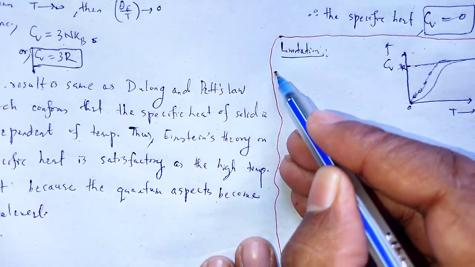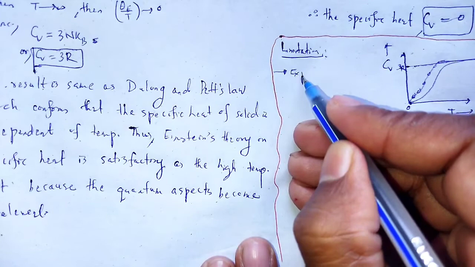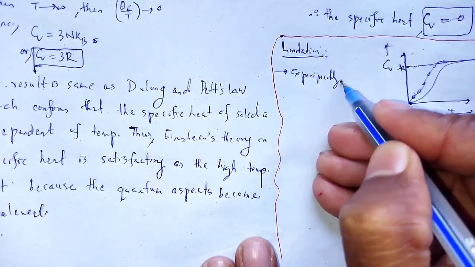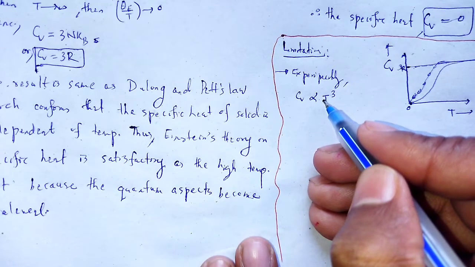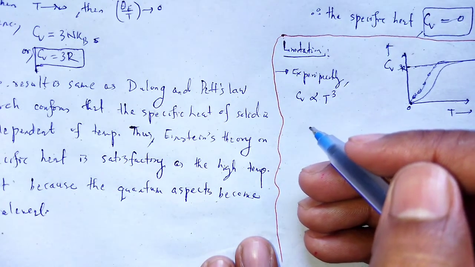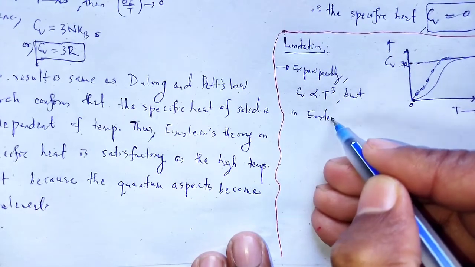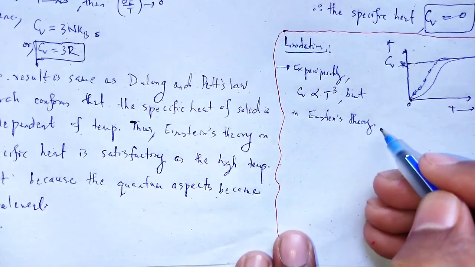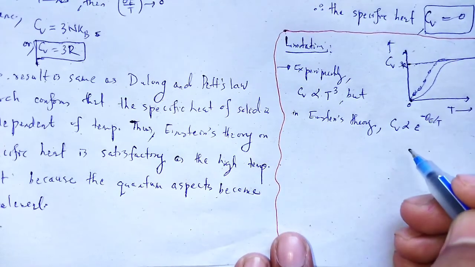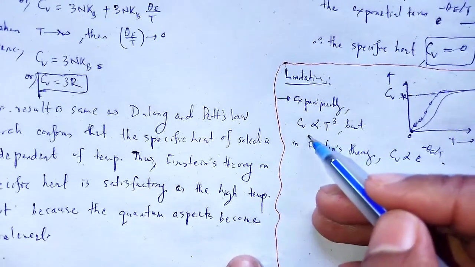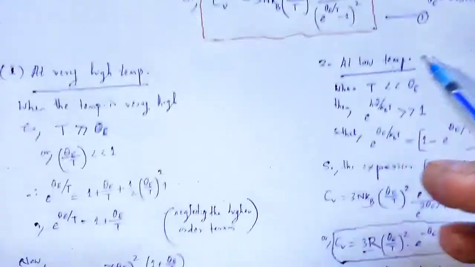So the limitations for Einstein's theory of specific heats in solids: experimentally Cv is directly proportional to the cube of the temperature, but in Einstein's theory Cv is directly proportional to e to the power minus theta e by T. This is the experimental result, but this is the theoretical way as we show in Einstein's theory of specific heats in solids.